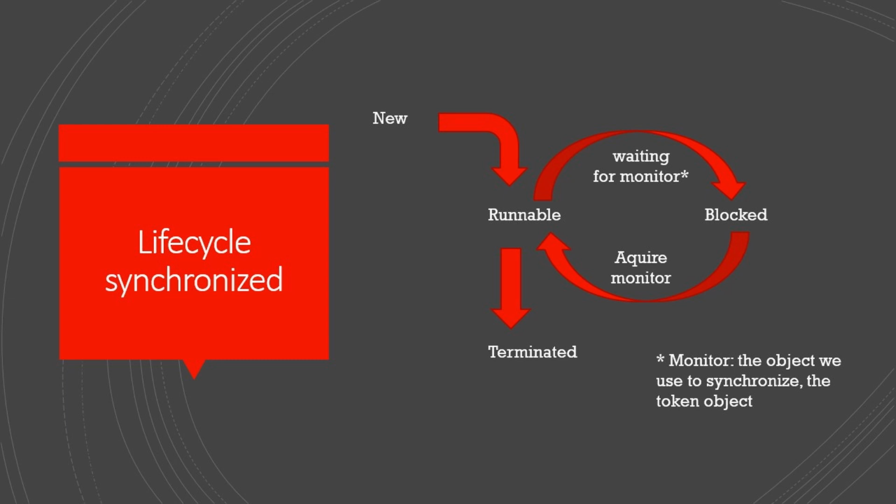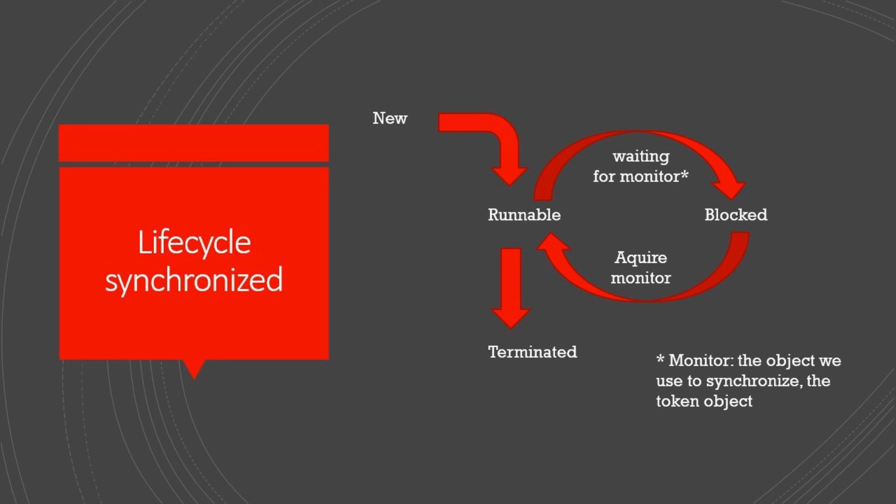So we still have new, runnable, terminated, where runnable gets to a synchronized block and has to wait for the monitoring object. It might be possible that it immediately gets it, then it stays in that runnable state and just keeps on running. But if it has to wait, it goes to the blocked state.